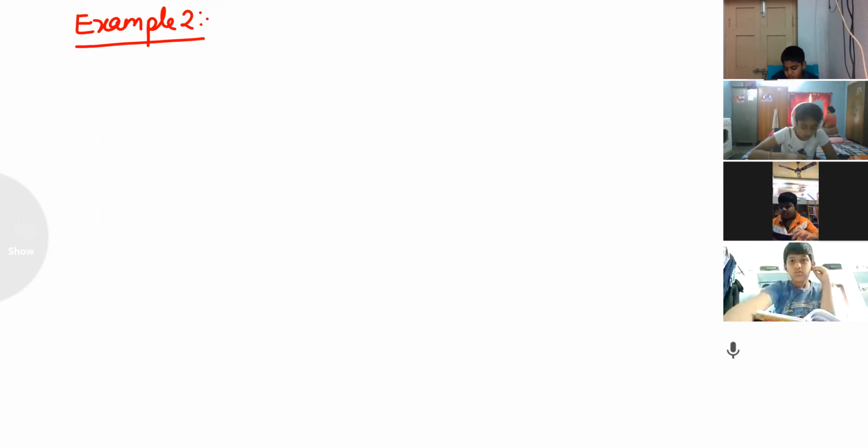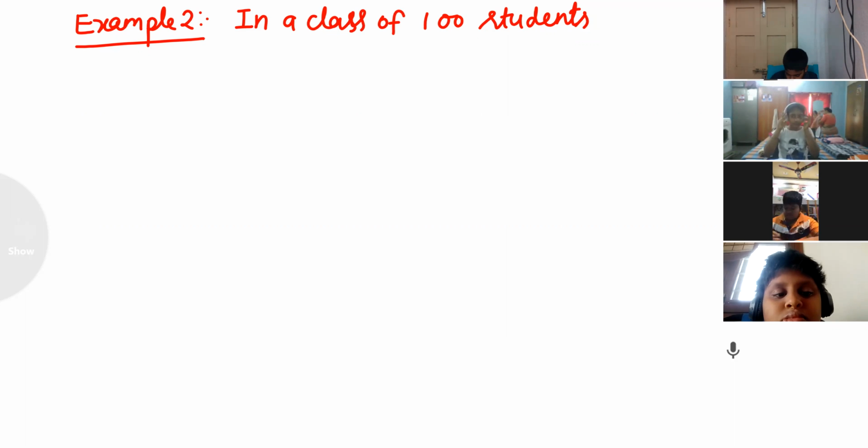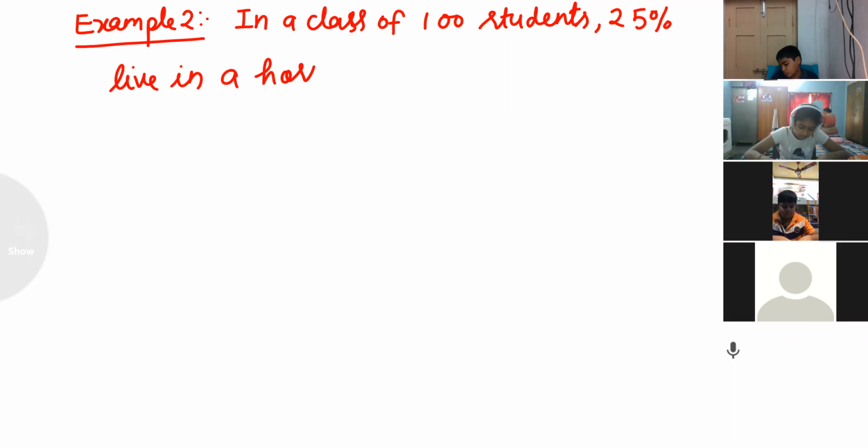Example 2. In a class of 100 students, 25% live in a hostel.